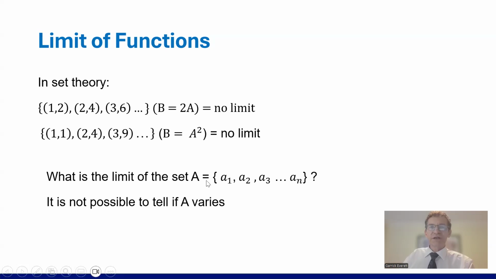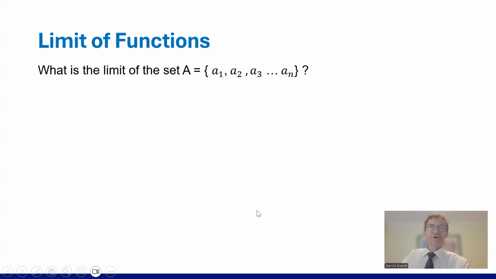What is the limit of the set A, where you're going A1, A2, A3, all the way up to AN, so indefinitely? It's pretty impossible to tell what it is. You don't know whether it's A1, AN, you don't know what shape that is, because it's not possible to tell without more information. So if we give some more information, well, maybe we give you this. Then you'll be able to tell what a limit is.